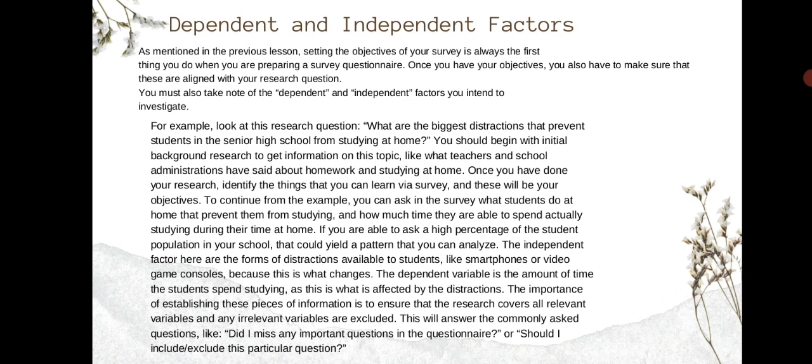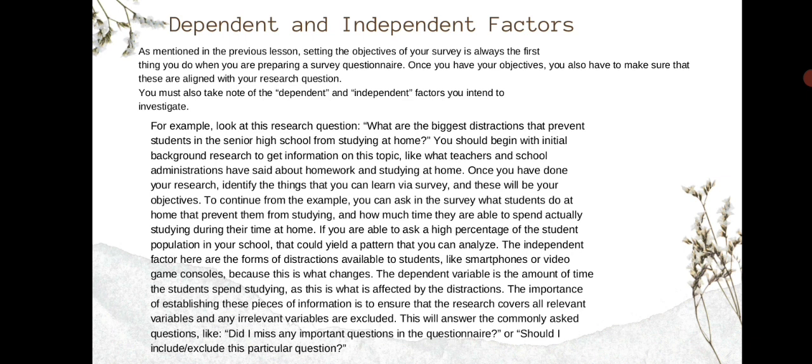For example, look at this research question. What are the biggest distractions that prevent students in senior high school from studying at home? You should begin with initial background research to get information on this topic, like what teachers and school administrators have said about homework and studying at home.